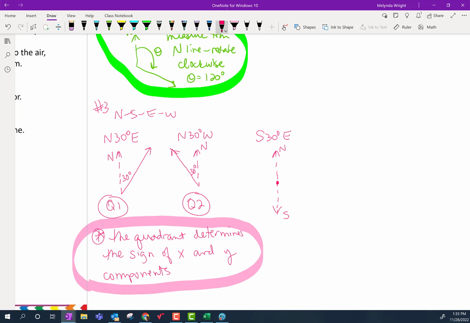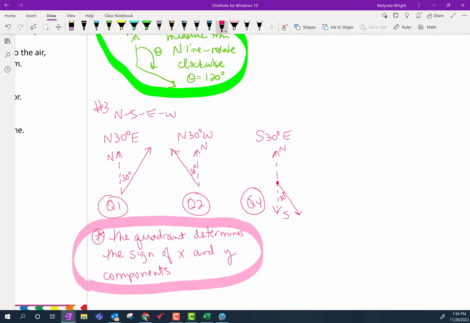Southeast would be down and right. That's east. So my vector would go like this, and 30 degrees would be right here, sandwiched between the south line and the vector. What quadrant is this in? Quadrant 4. And in quadrant 4, X is positive, Y is negative.